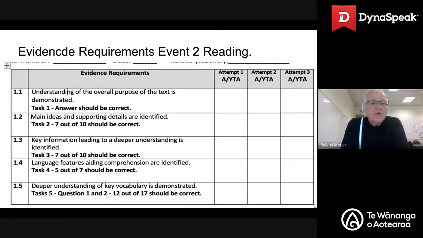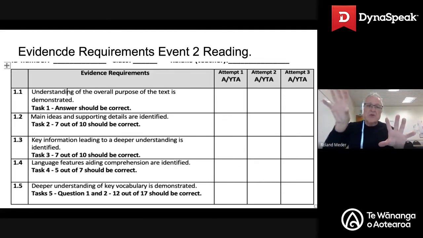The second evidence requirement is that you are able to identify main ideas and supporting details. Now, this too, you are probably familiar with the way this task is presented. You are usually given a main idea, and then you are asked to identify some supporting details related to that main idea.